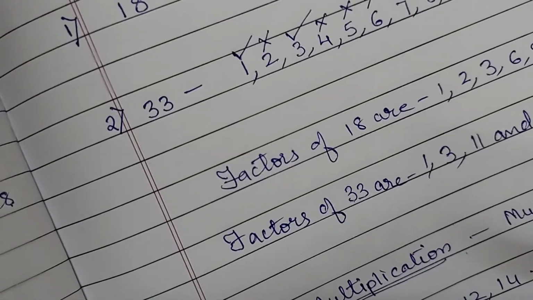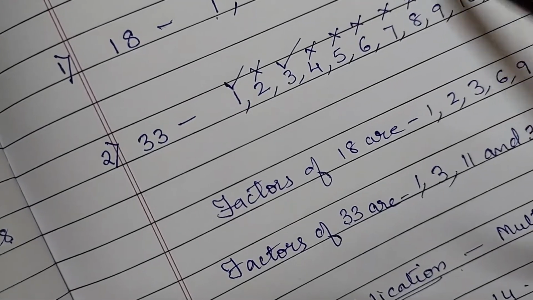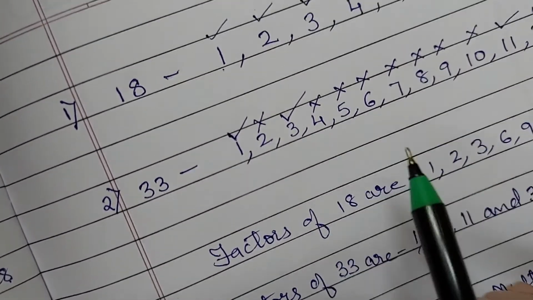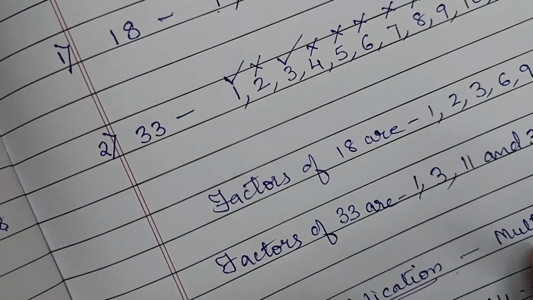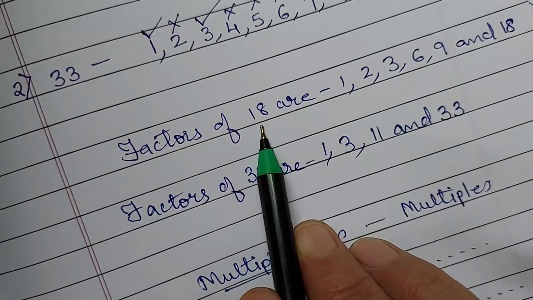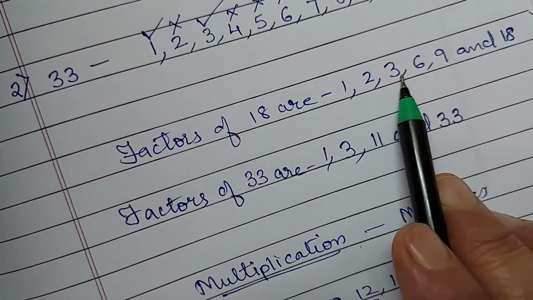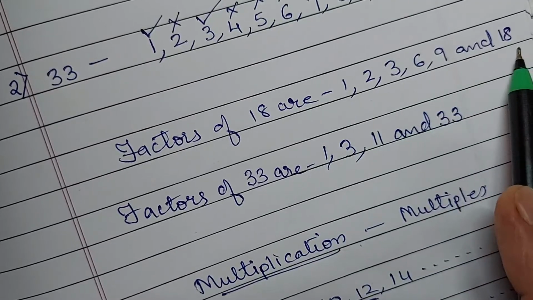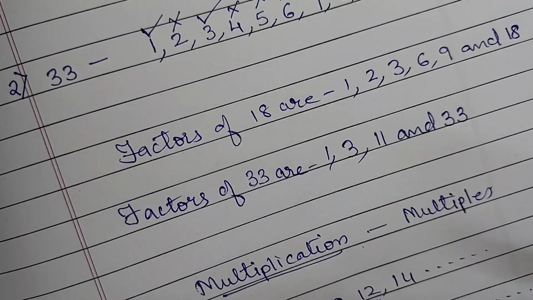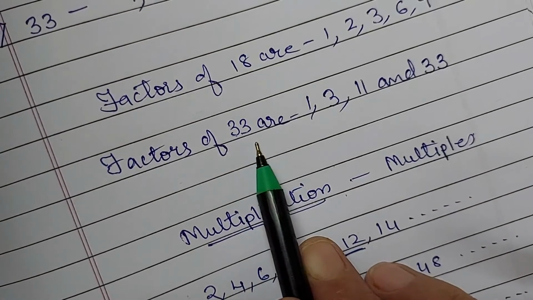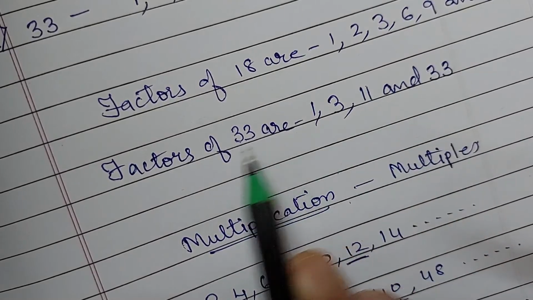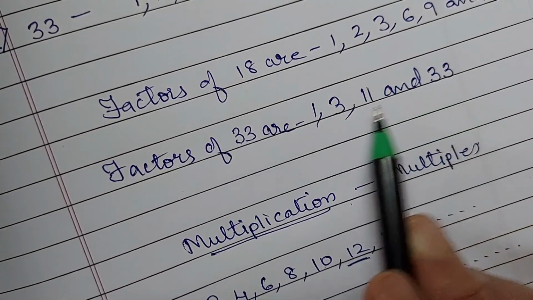Now one more thing. Now we have learned factors as well as multiples. Did you observe something? Factors are always smaller than or equal to the number. Factors of 18, you can see 1, 2, 3, 6, 9 and 18. So it is 18 and below 18. Factors of 33 will be all 33 and below.